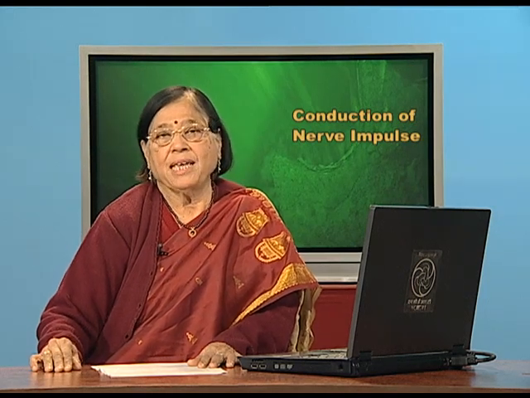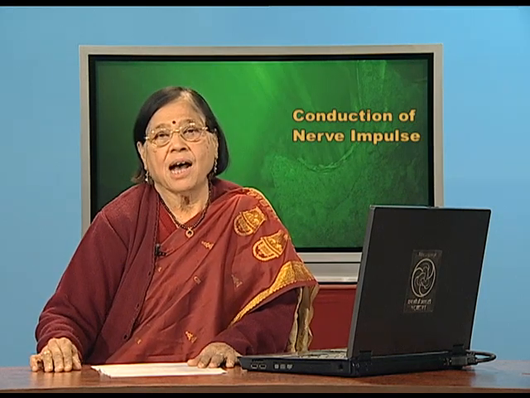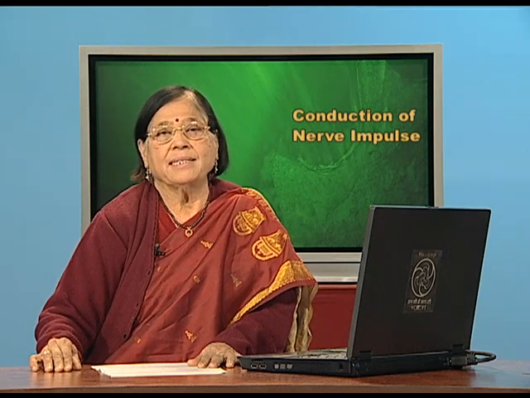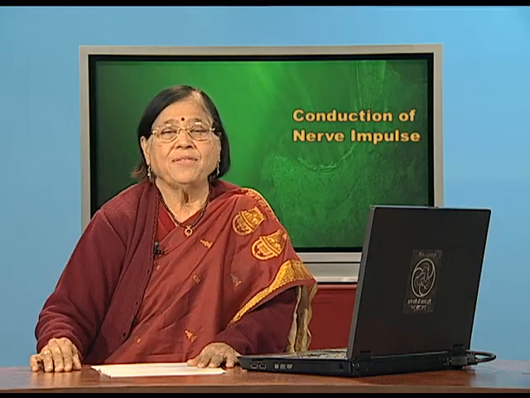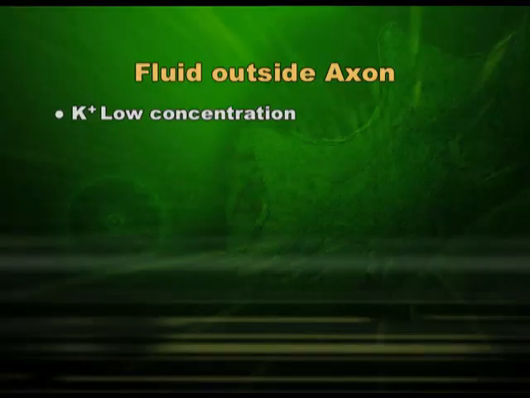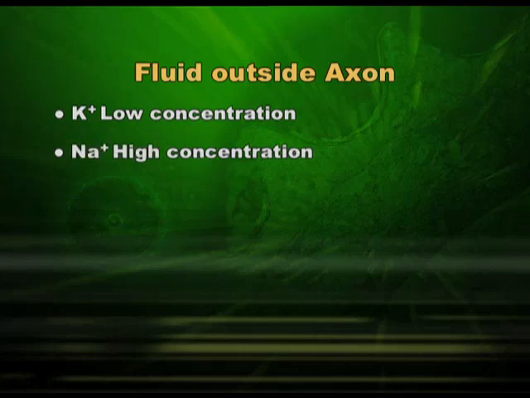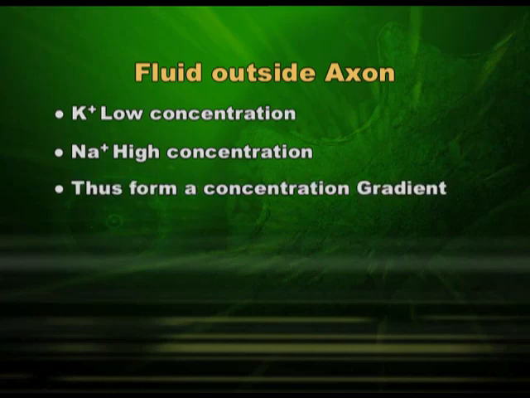Now, we have to see what is the situation outside the axon, that is the fluid outside the axon. Definitely the potassium will be low because it has entered in. Sodium will be high because it could not enter, and this will form a gradient.